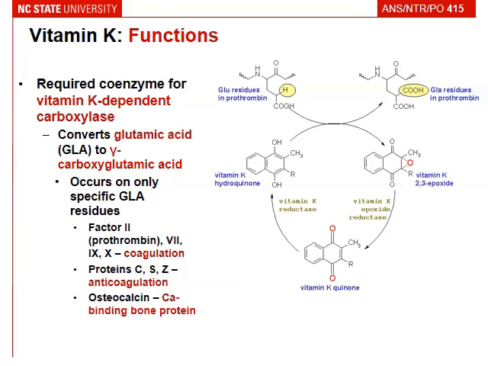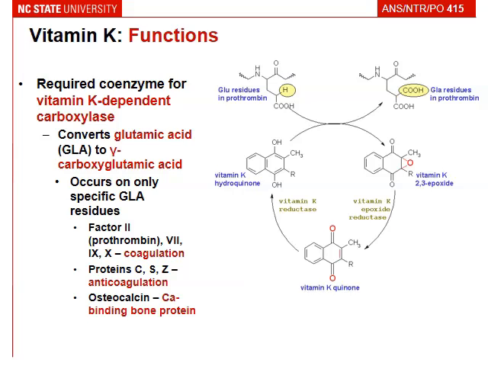The main way in which vitamin K functions is that it is a co-substrate in the post-translational oxidative carboxylation of proteins that have select glutamic acid residues. It utilizes many of these reactions on the glutamine of the protein. For instance, this example is using prothrombin.